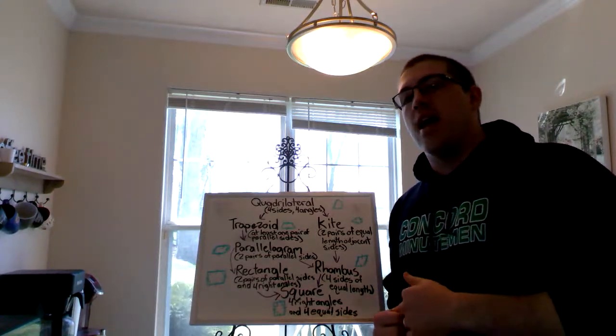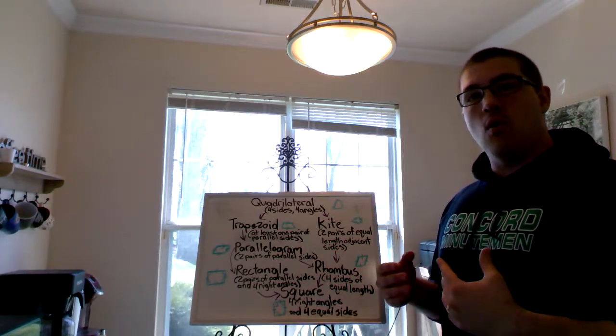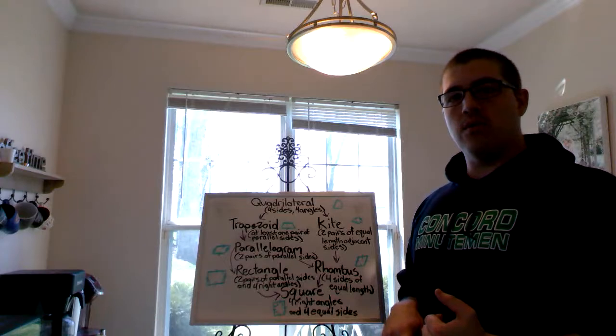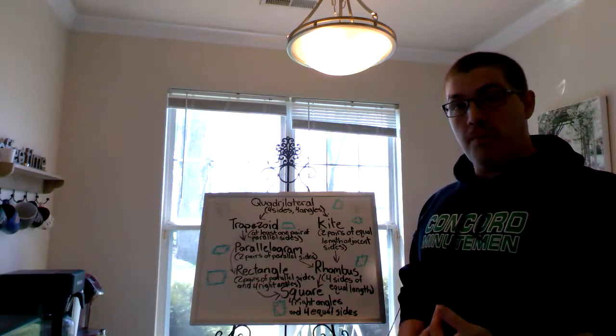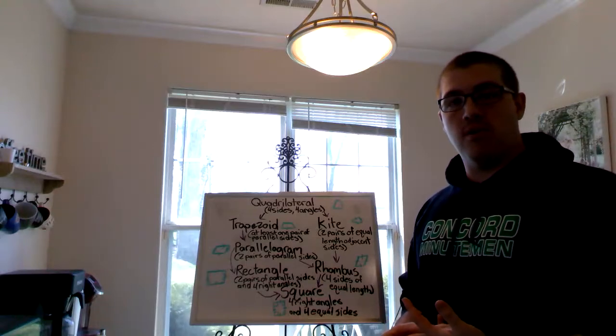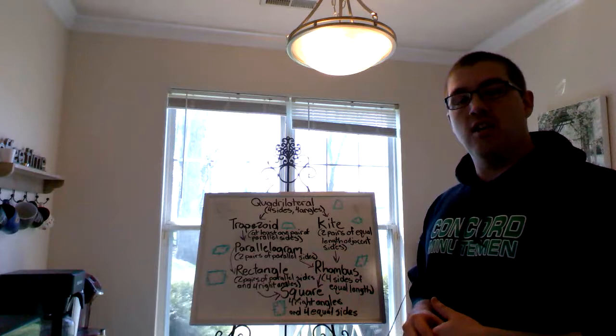And obviously, there's going to be a hierarchy, like I'm showing you here, an organization to show different types of quadrilaterals and what properties each has. The more properties a quadrilateral has, the lower down on this hierarchy you go.